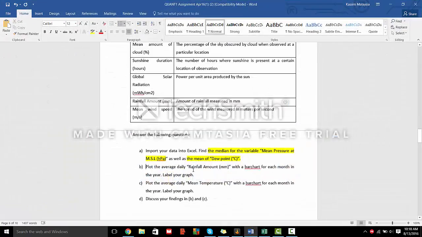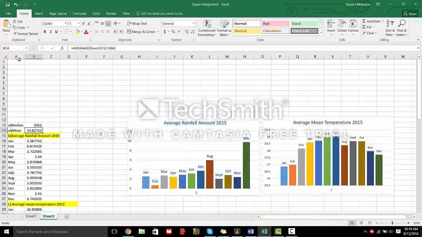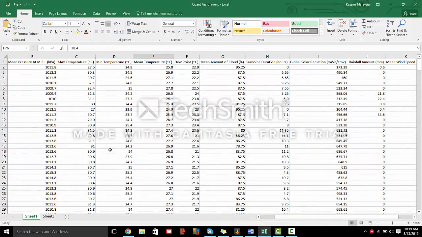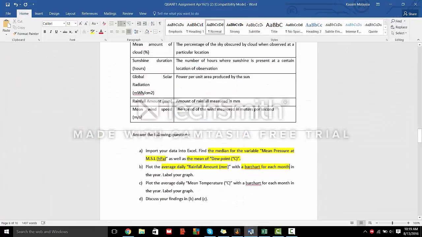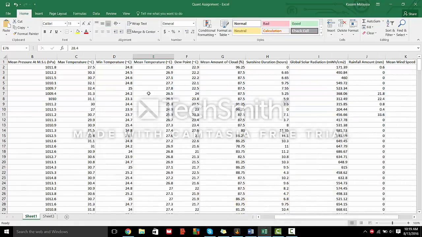Now the next question is to find the average daily rainfall amount with a bar chart for each month. So we highlight. It's the most tedious job of what they want. The rainfall amount is here.